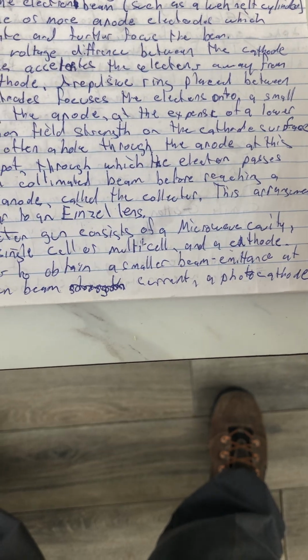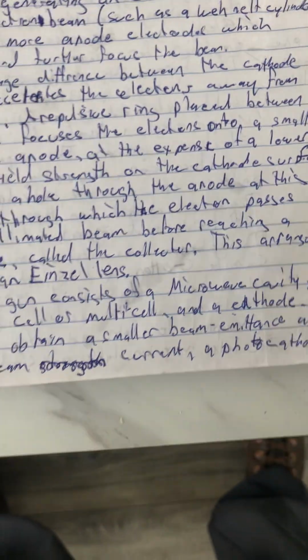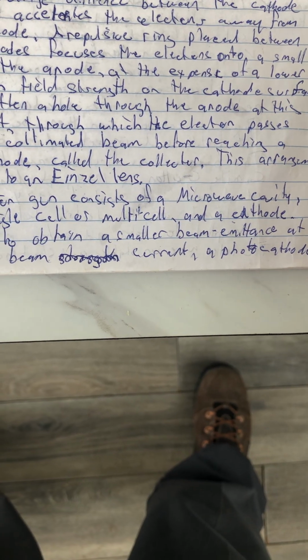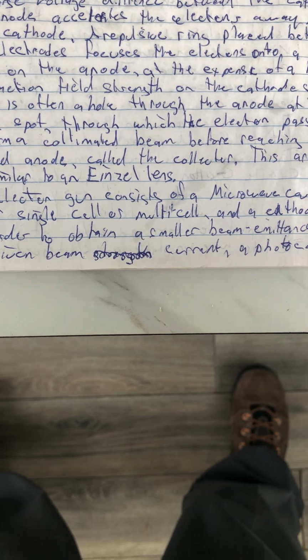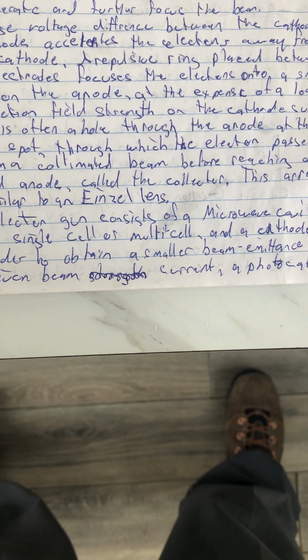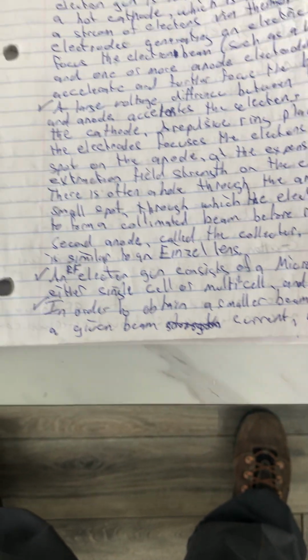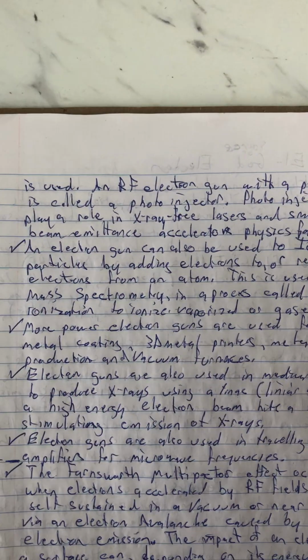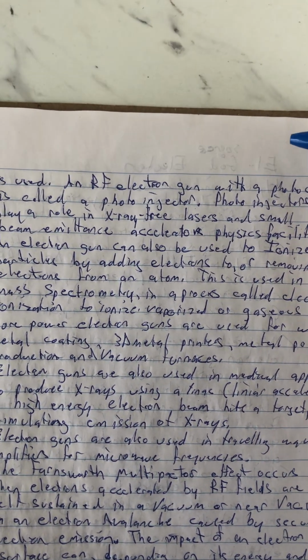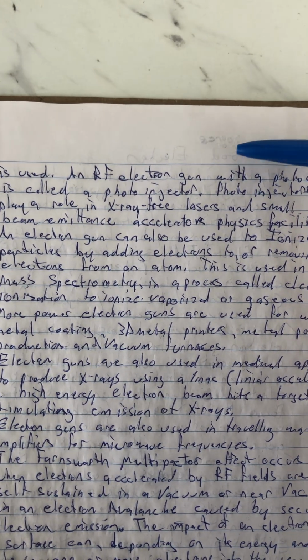So an RF electron gun consists of a microwave cavity, either single cell or multi-cell, and a cathode. In order to obtain a smaller beam emittance at a given beam current, a photocathode is used. A radio frequency electron gun with a photocathode is called a photoinjector.